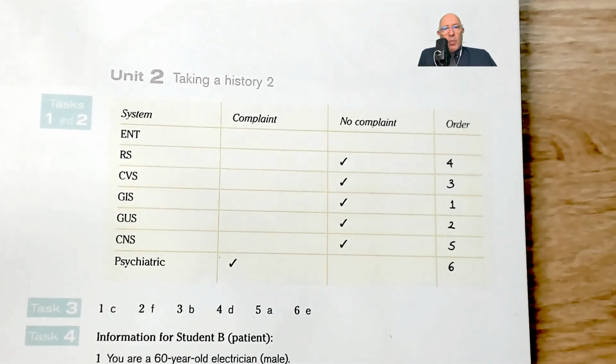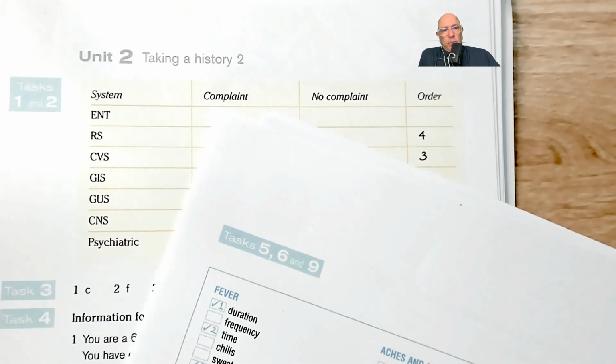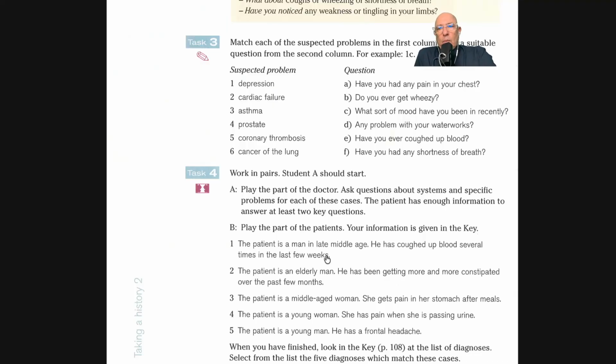All right, let's finish up with something quite useful. Alrighty, I'm going to run through some of these quickly. Match each suspected problem in the first column with a suitable question from the second column.